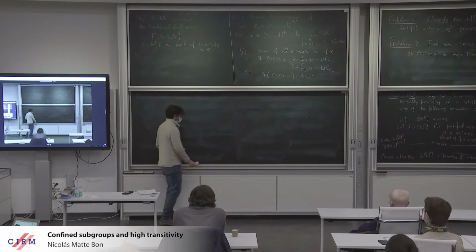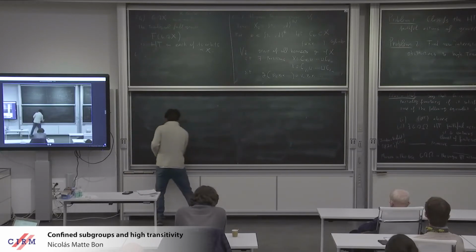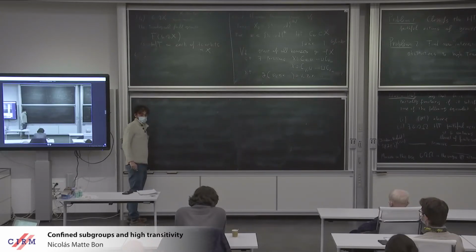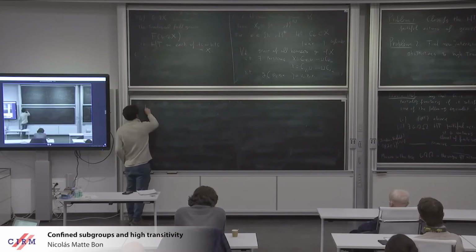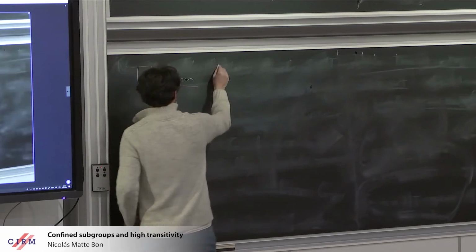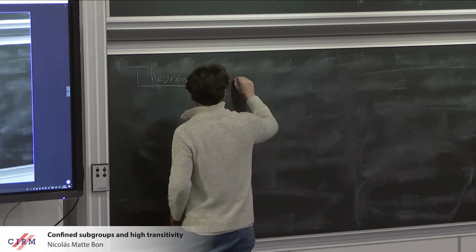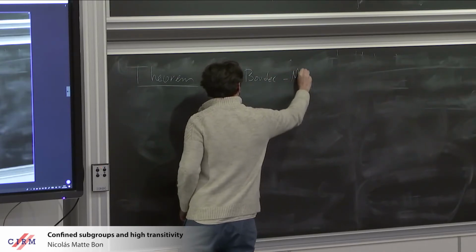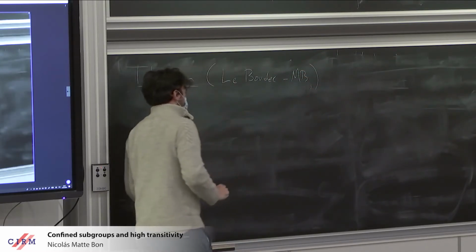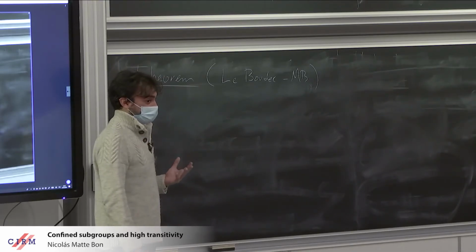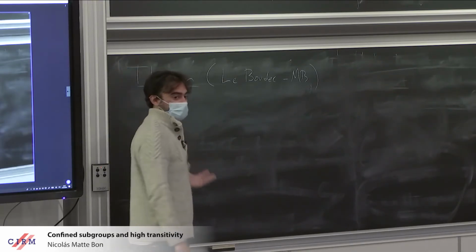So remember, I started talking about confined subgroups, so now the result I want to state is a link between the notion of confined subgroups and high transitivity. Which says that essentially when you have a group acting highly transitively somewhere and you have a confined subgroup, the action of the confined subgroup essentially remains highly transitive in the following sense.